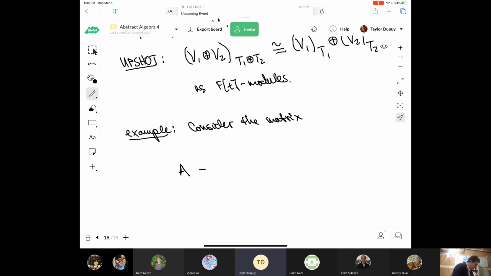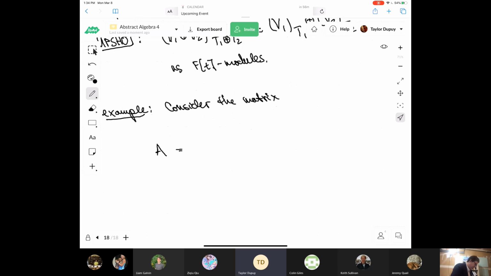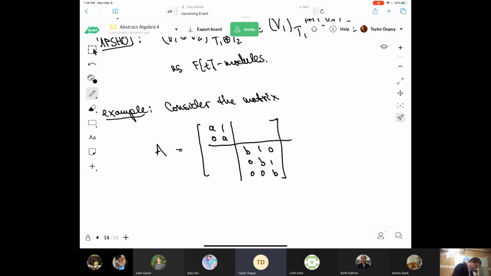A. So this matrix A, with a block for a and a block for b, and zeros elsewhere. Okay, so let's consider this matrix A.